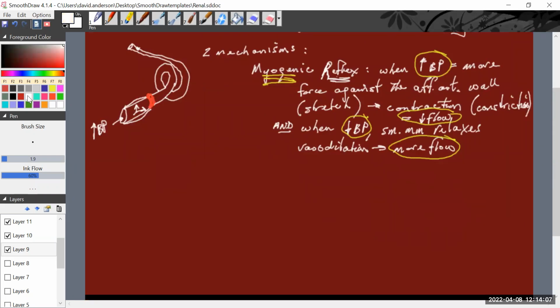The other reflex, or the other mechanism that's described as autoregulation, is the one we mentioned last week. That's activation of the juxtaglomerular apparatus.